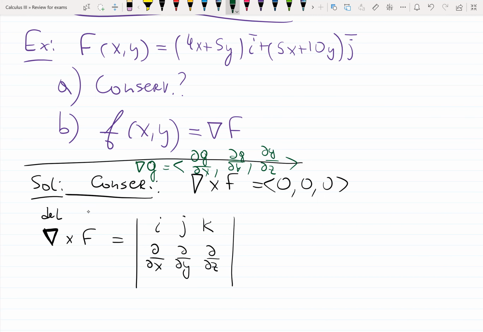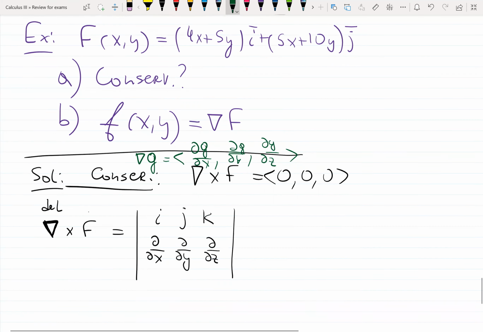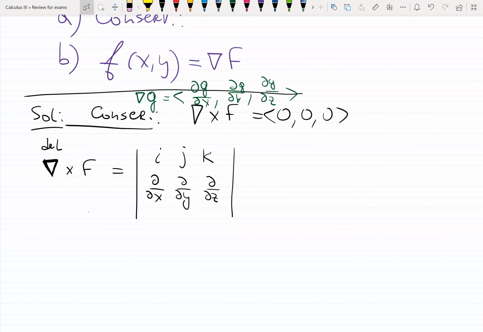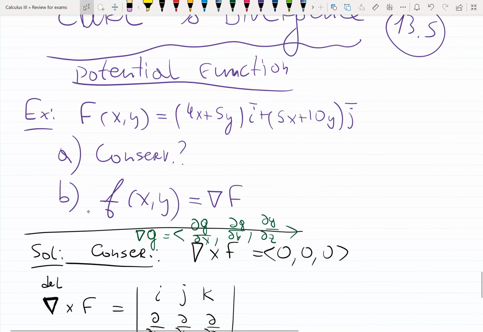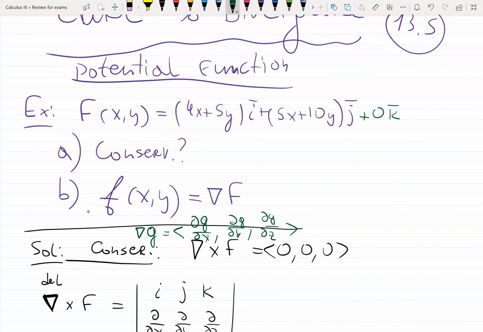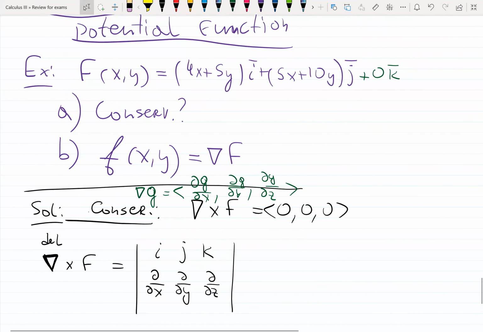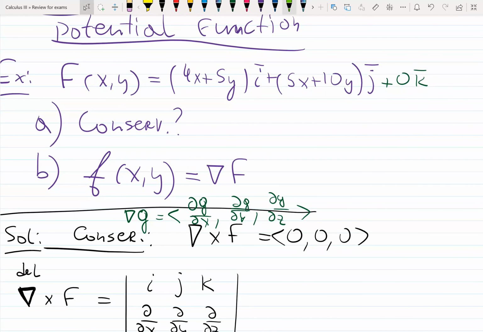Just think about that, but okay. The third line will be your function f. The function f has two components. The third component is missing, which means 0 plus 0k. Very interesting. Do you understand this actually?